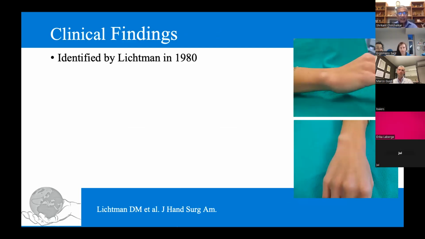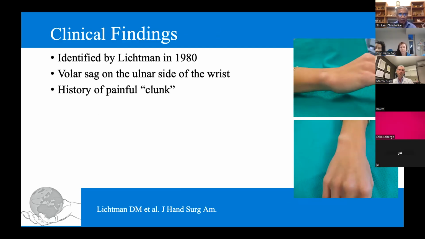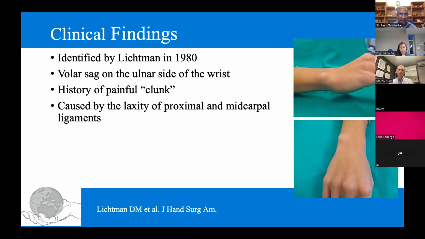This midcarpal instability was first identified by Lichtman back in 1980, who found that there is a volar sag on the ulnar side of the wrist joint, and patients often had complaints of a painful clunk. He attributed that to ligamentous laxity of the proximal as well as midcarpal ligaments.